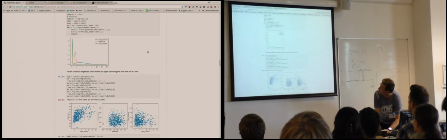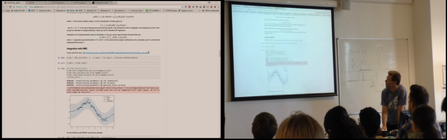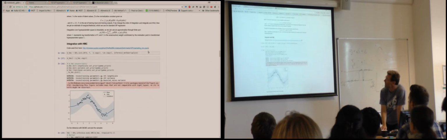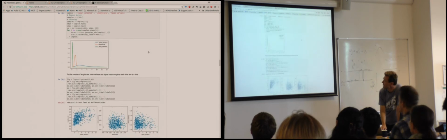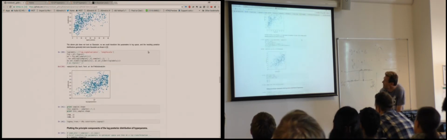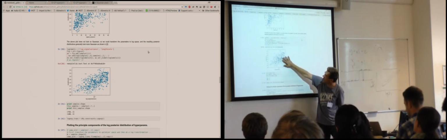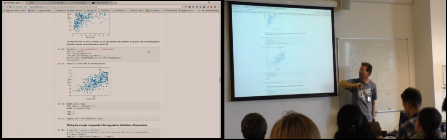Meanwhile, there's another notebook with a little bit more data, which shows nicely this dependency between length scale and the signal variance.